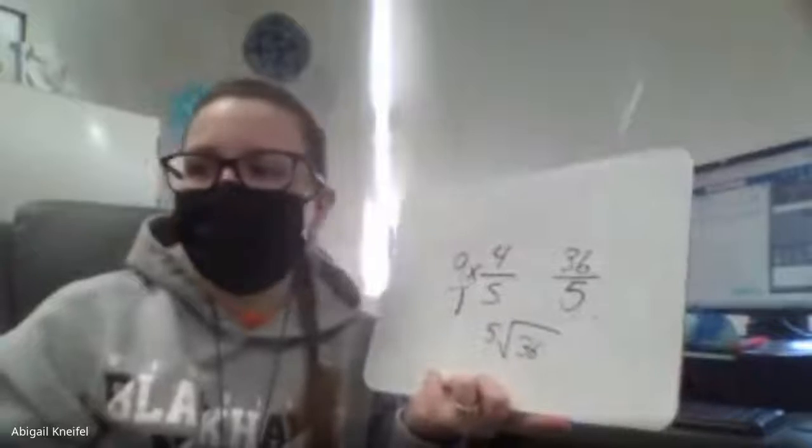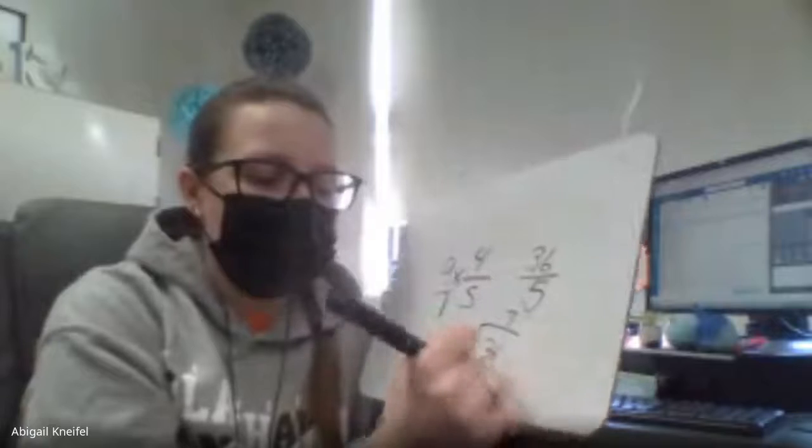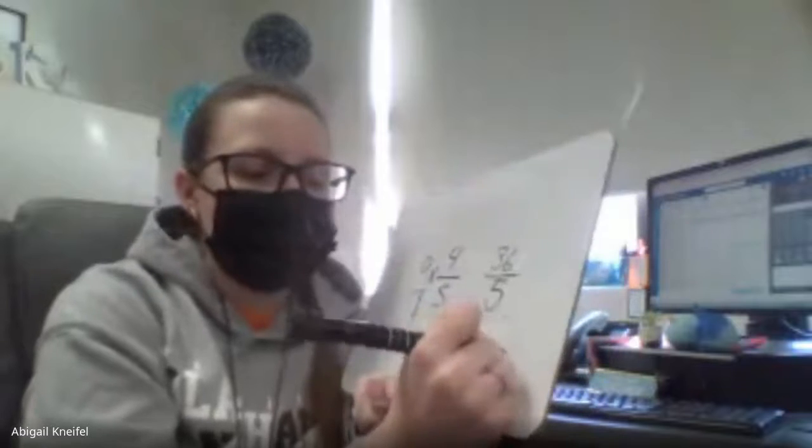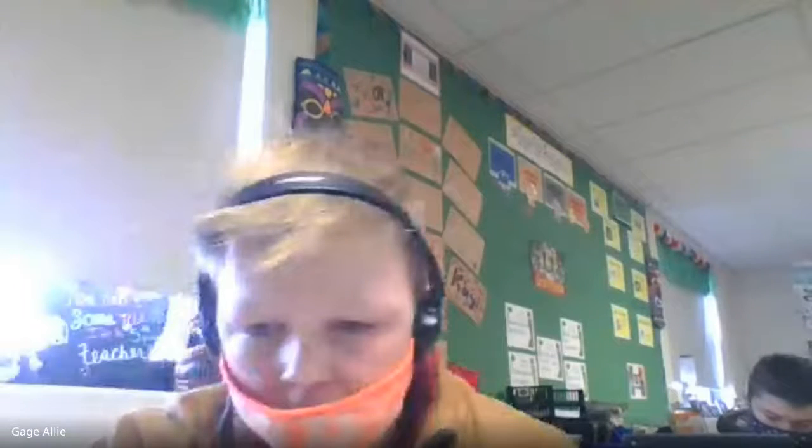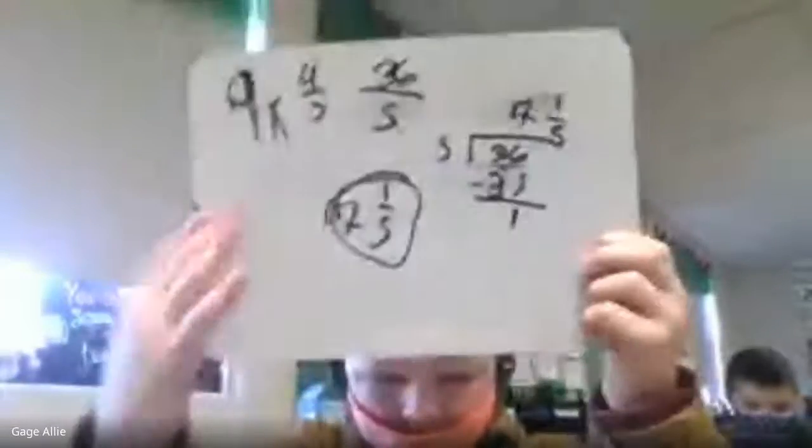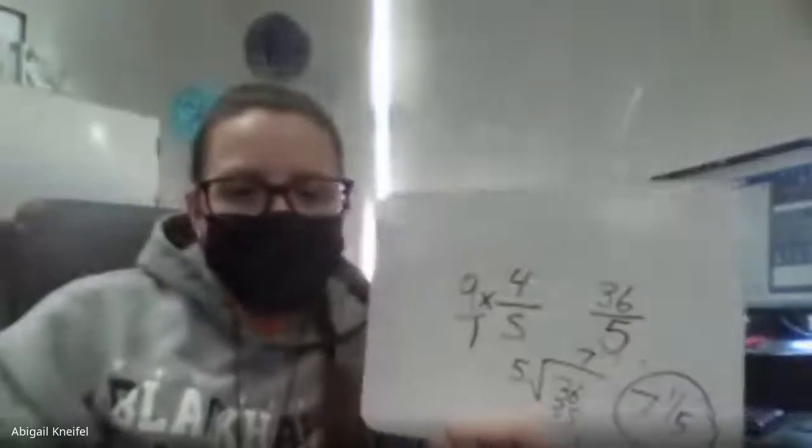Then you have to divide. How many times can 5 go into 36? 7 times, which is 35. I have a remainder of 1. So my answer should be 7 and 1/5. Thank you, Gage.